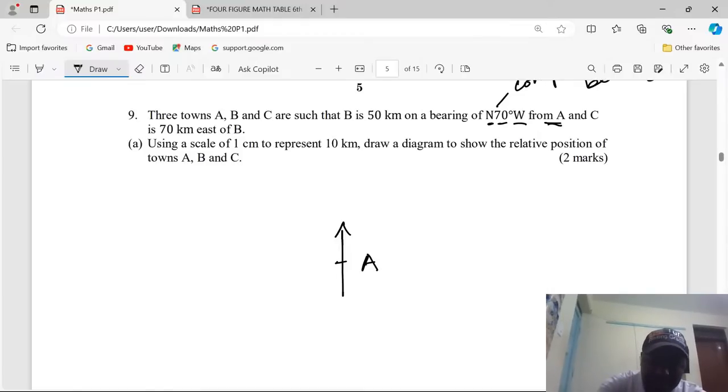You just measure with your protractor 70 degrees towards west. Then through that angle, you measure a distance of 5, because these are 50 kilometers and the scale is 10, so you divide and get 5 centimeters.